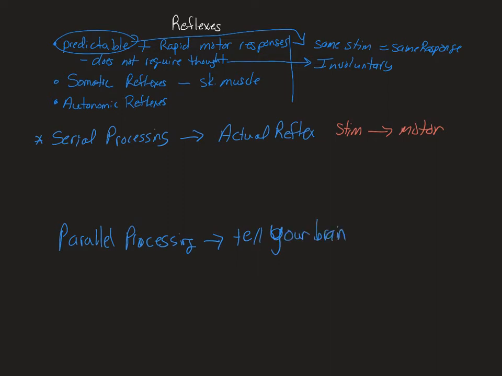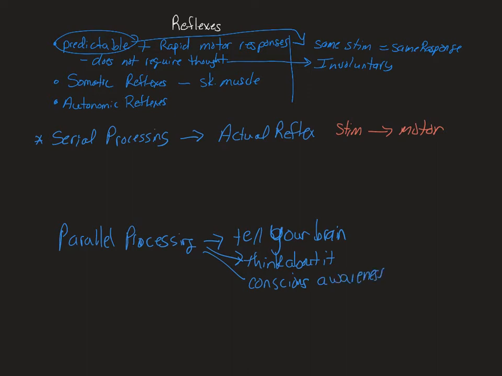You need to cognitively understand that something happened, you felt pain, or your body moved in a certain way. How did it happen? And think about what you're going to do next. So you need to basically think about it. So this is the conscious awareness that the reflex happened.